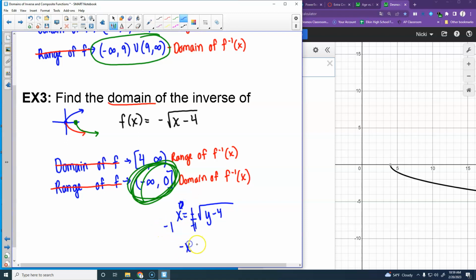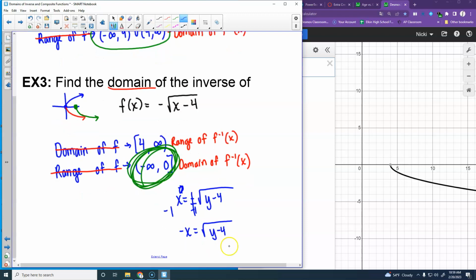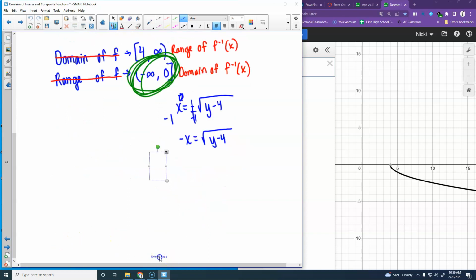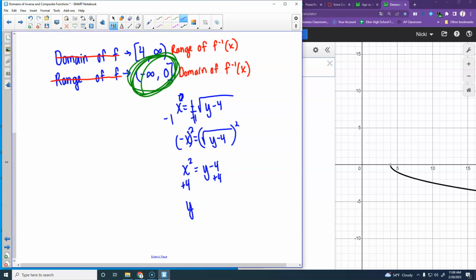So negative x equals the square root of y minus 4. I would then square both sides, which is going to give me x squared equals y minus 4. And I'm going to add the 4. So my inverse is x squared plus 4.